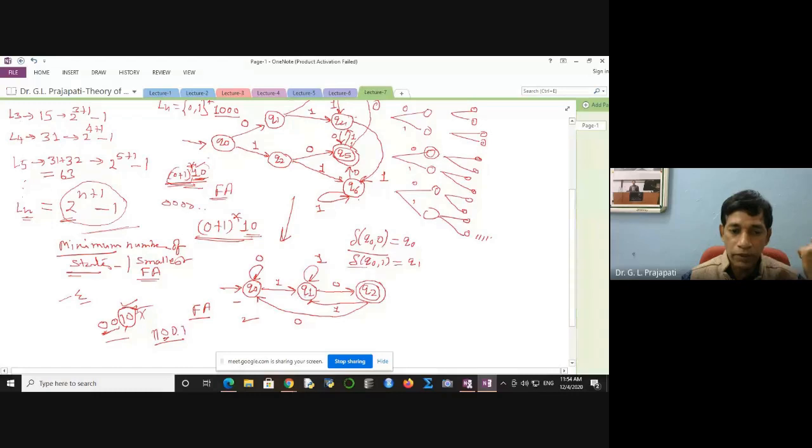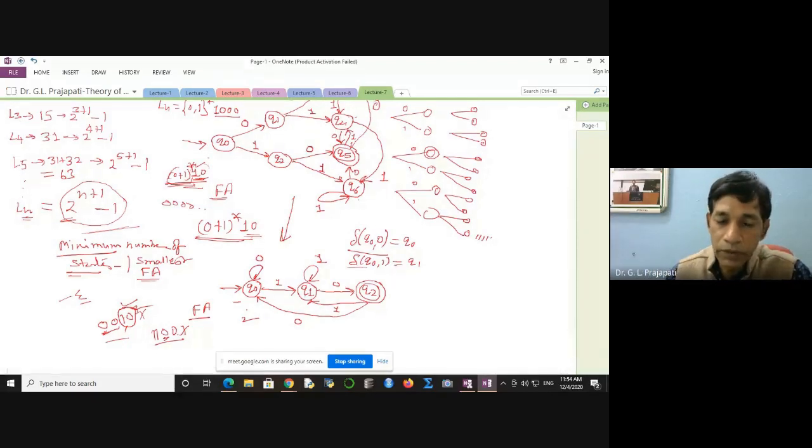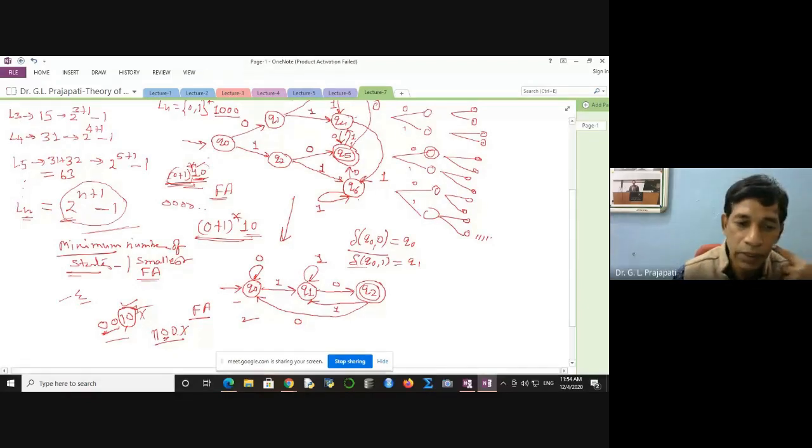And your string is exhausted. Your machine ends at Q0, and since Q0 is not a final state as we have designated, you can say that 1100 is not a valid string in the language.